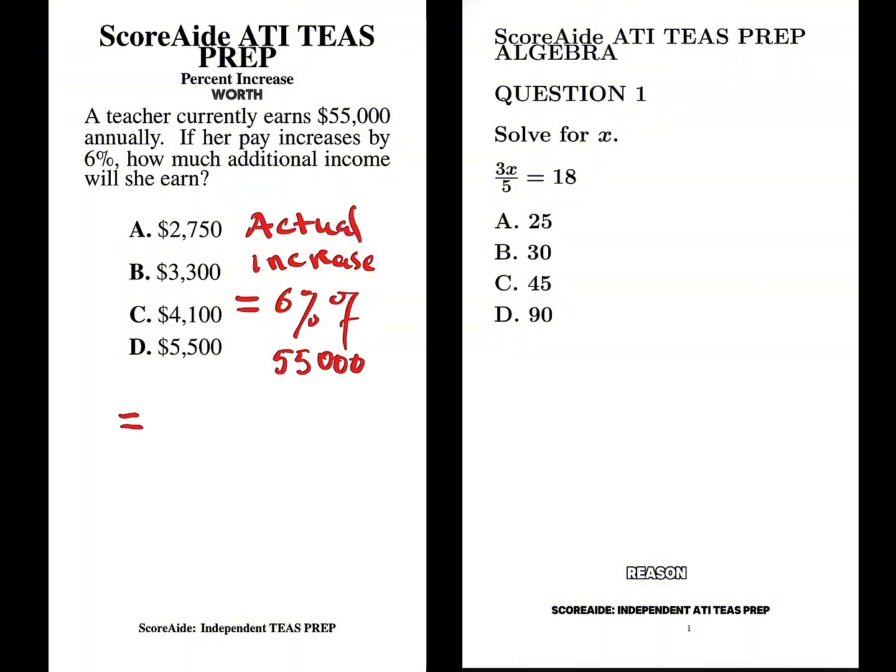This is 6/100 times 55,000, which is gonna be 6 times 550, which is equal to $3,300. So the answer is gonna be B.